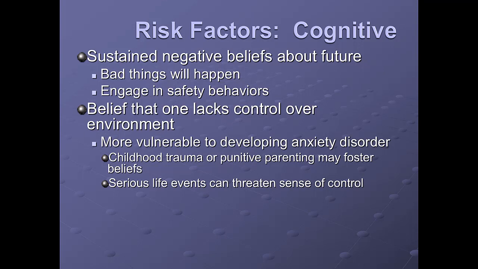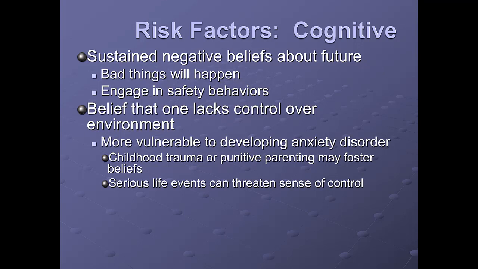We call this having external locus of control, that an individual feels that outside forces are controlling their environment and their destiny, and they are not in charge of those things. The other cognitive factor that we find in people that struggle with anxiety disorders is attention to threat.